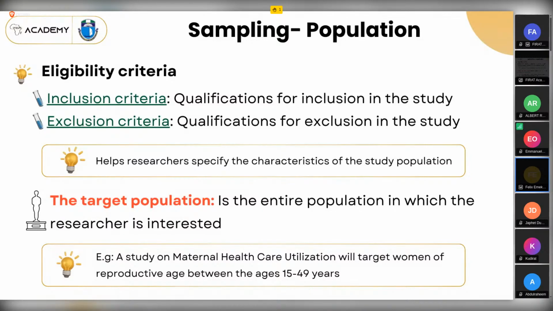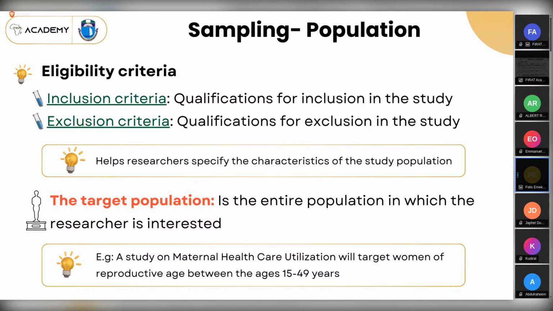So you get your sample from a sampling population. Like I said initially, when I was talking about the cross-sectional study, your population is the population that is exposed to the condition, to the outcome or the dependent variable you're interested in.